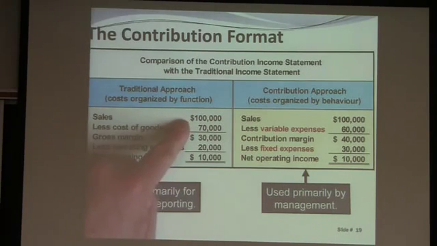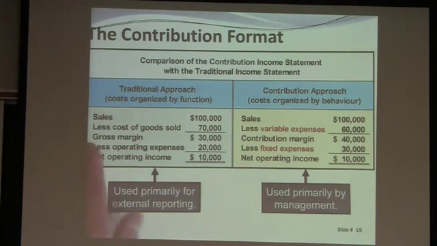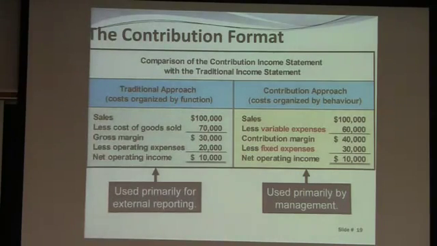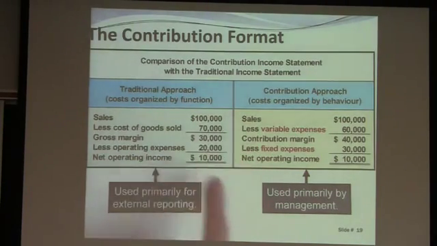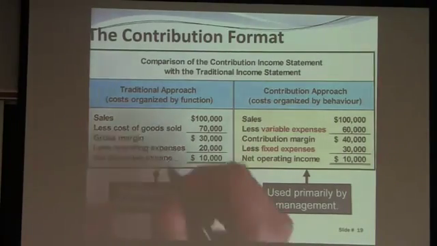You'll see that we've got to look at it from the point of view of gross margin. How much did we sell for, and what was the cost of goods sold? The cost of goods sold is a combination of both variable and fixed, but related to the actual goods manufactured, the cost that it costs us to manufacture. And then we subtract all our operating expenses, which includes both fixed and variable.